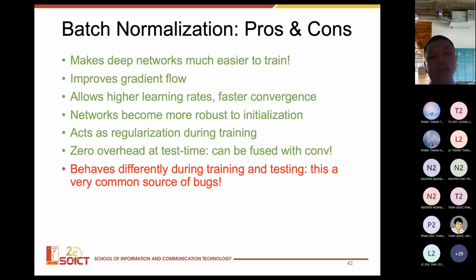So it has a regularization effect. You have zero overhead at test time because you can use the mean and standard deviation calculated during training, so the characteristics of the test data should not be very different from the training data.